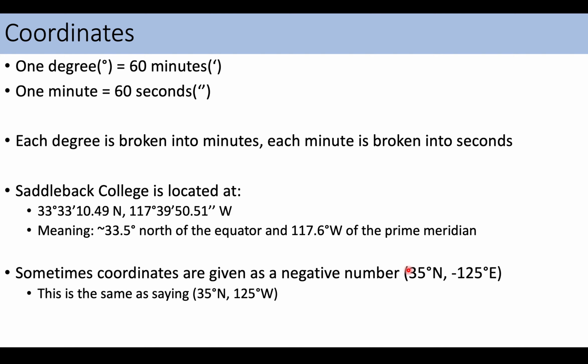For example, if you saw 35 degrees north, negative 125 east, that is actually the same as saying 35 degrees north, 125 west. If you saw negative 35 north, you would know that actually means 35 south. This is often seen with the east and the west. You can often see a negative east value actually just means west. It just depends on how that map or that system is reporting the coordinates.